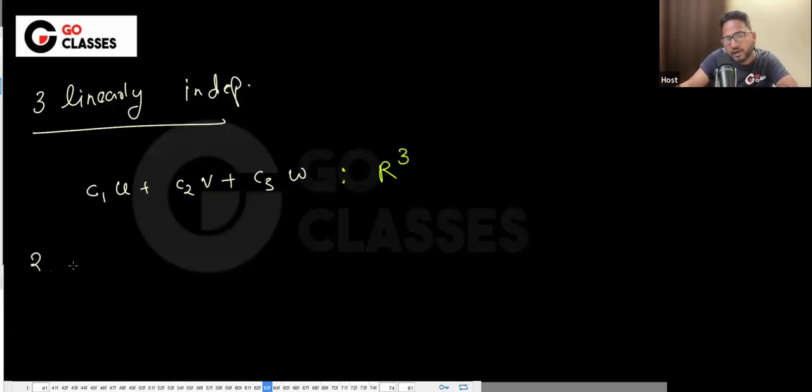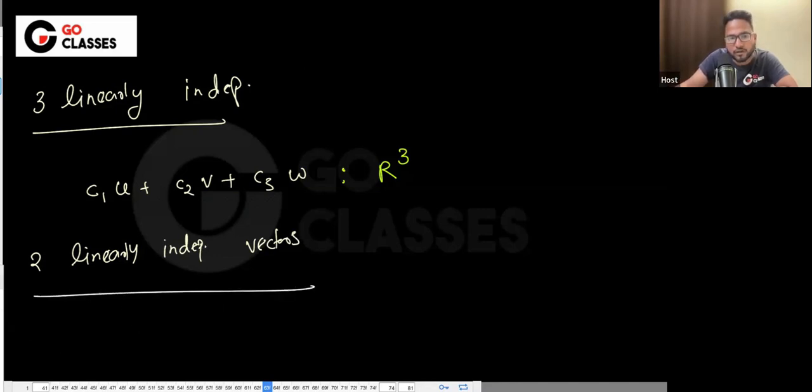Now, if you take two linearly independent vectors, for example c1u plus c2v, will this be covering R2? If you take two linearly independent vectors in R3, will this get you R2?